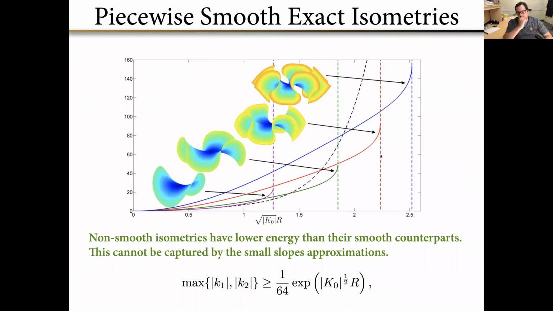So you can actually prove this. The energy of these piecewise smooth solutions is lower than the smooth solutions. So this black curve is minimizing over smooth solutions, and these curves here are actually the piecewise solutions. Okay. So it does do better.